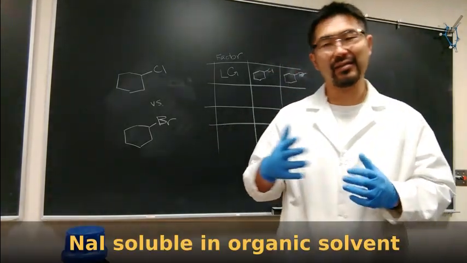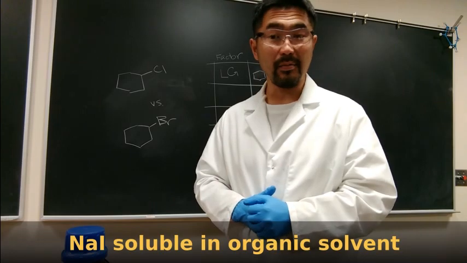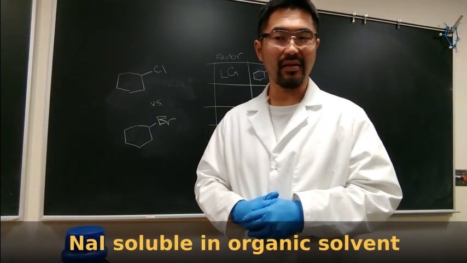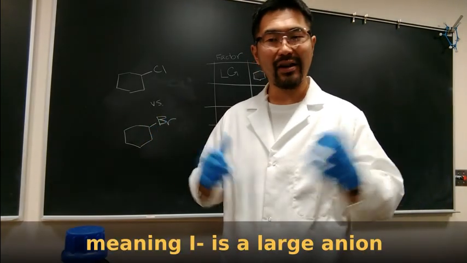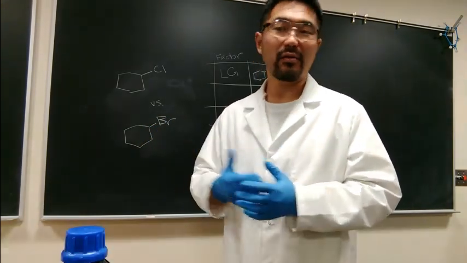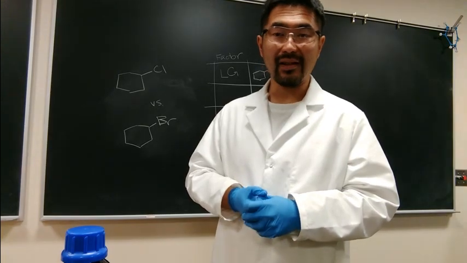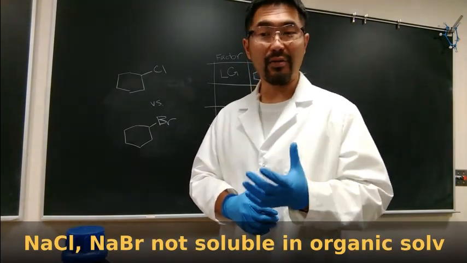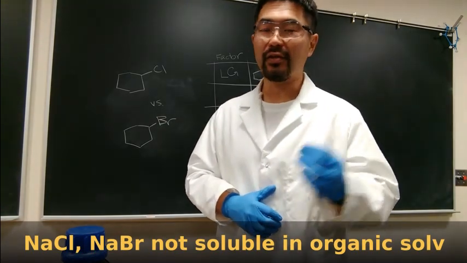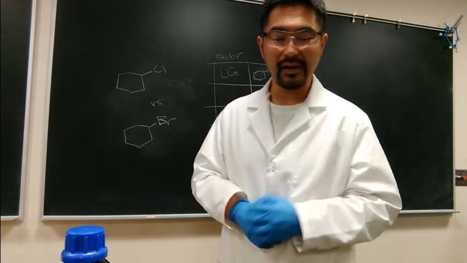The reason is that sodium iodide is soluble in an organic solvent like acetone, which has to do with how polarizable it is. Sodium chloride and sodium bromide, on the other hand, do not stay dissolved in an organic solvent, and therefore they will precipitate out as soon as they're formed.